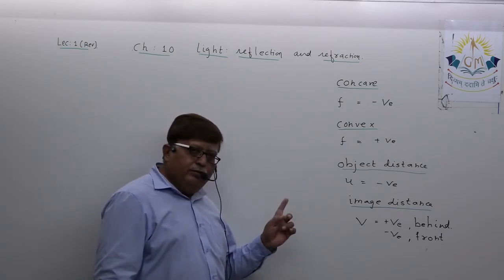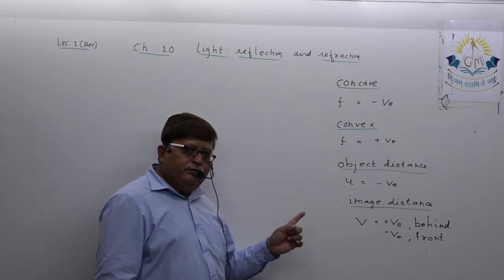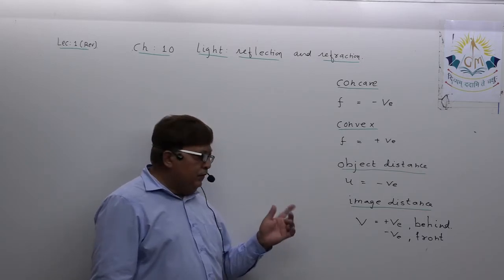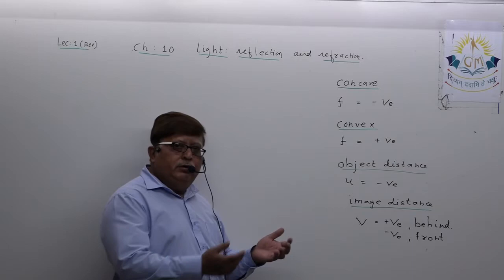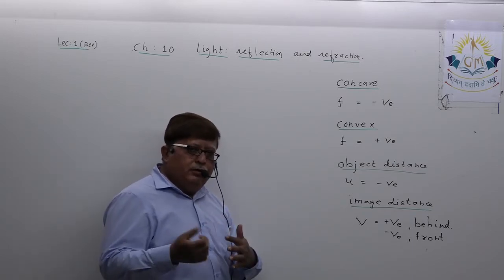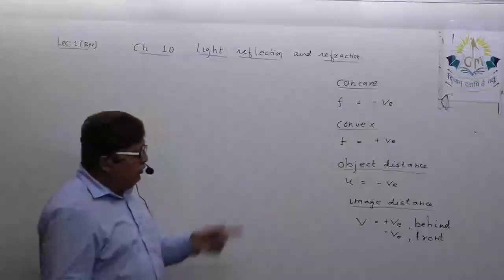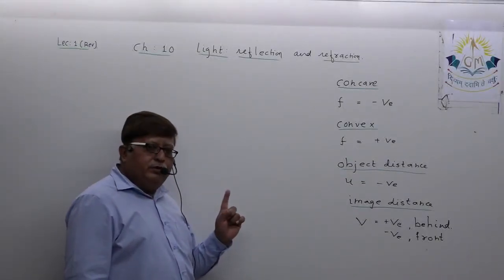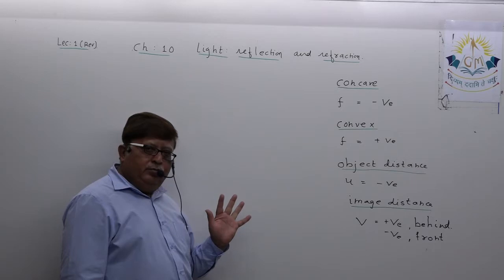And if the image distance is negative, the image is formed in front of the mirror, ahead of the mirror, to be more precise and specific. Is it clear in your mind?